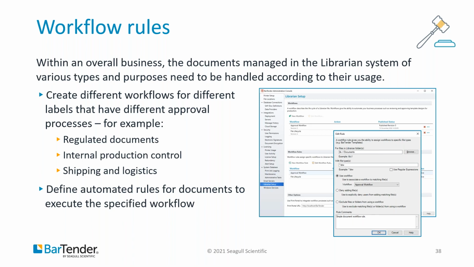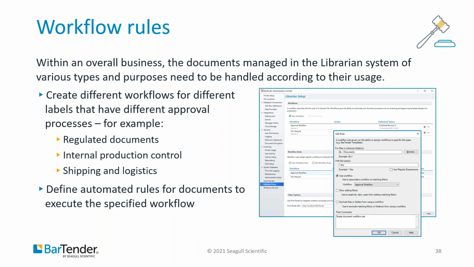Now, in BarTender, we can have multiple workflows, and therefore to manage which workflow applies to which document, we have something called workflow rules. And a workflow rule allows us to specify which workflow will apply to which documents.